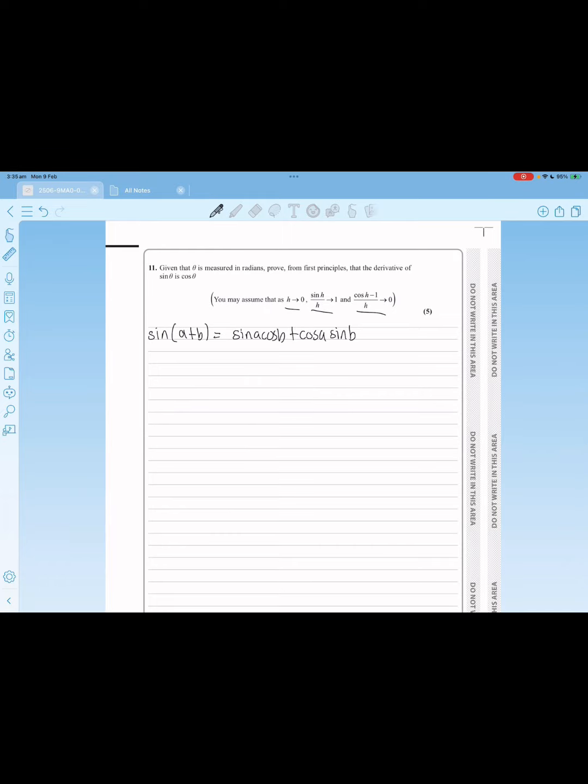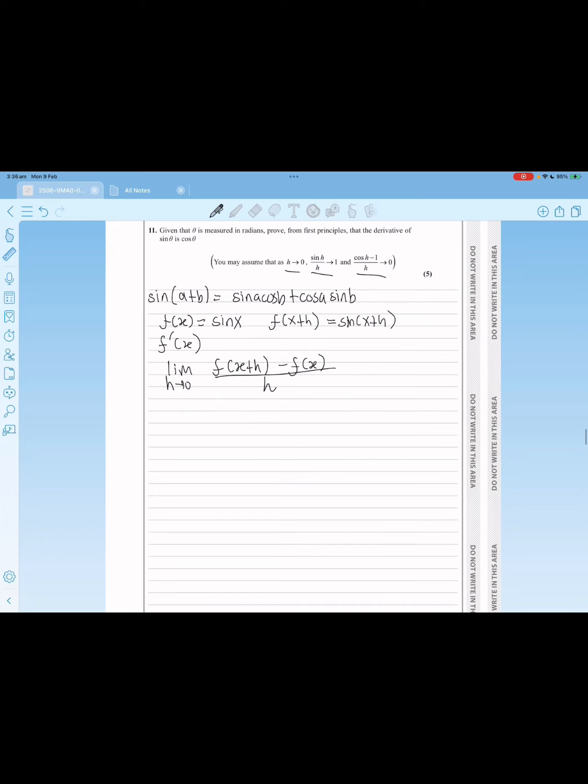So first principles says that the derivative of f of x, which is sine x in this case, is the limit when h tends to 0 of f of x plus h minus f of x, divided by h. So in this case, f of x is equal to sine x, so f of x plus h would be sine of x plus h.